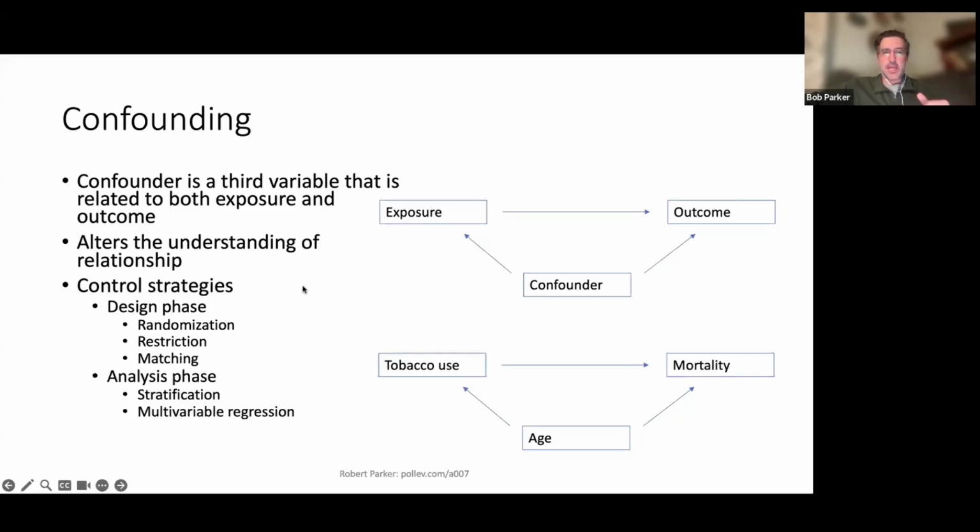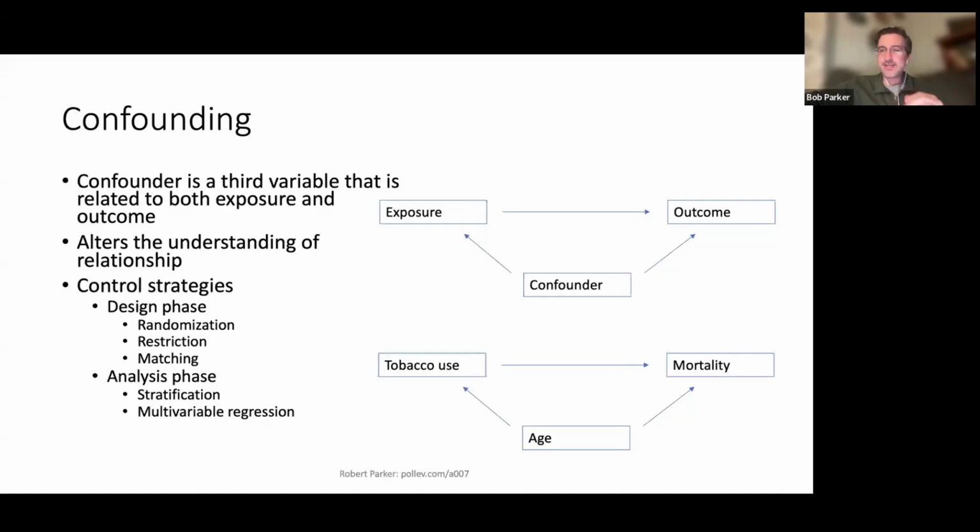So I think a good example of this was when we first started looking at tobacco use. It looked as though tobacco use was protective for mortality, right? If you smoke, you are less likely to die.